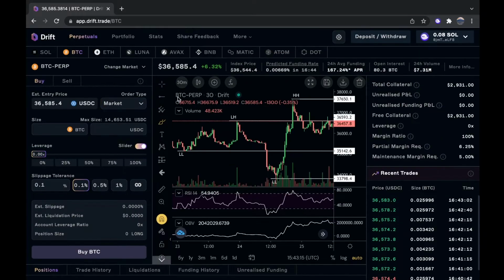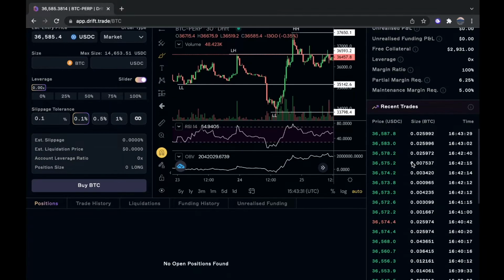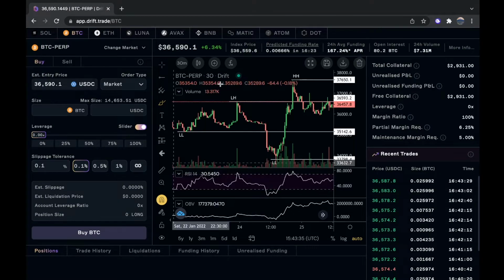And then in terms of the interface, you have your collateral right here, very typical, as in margin engines, design, unrealized P&L, and so on. Recent trades on the assets, then your main trading slash charting tool.